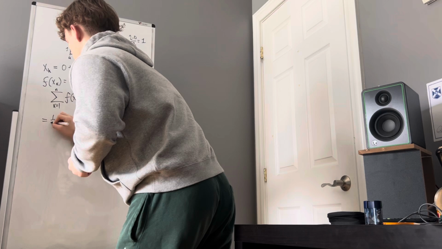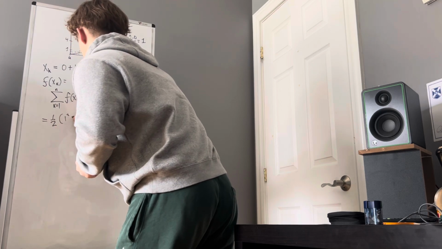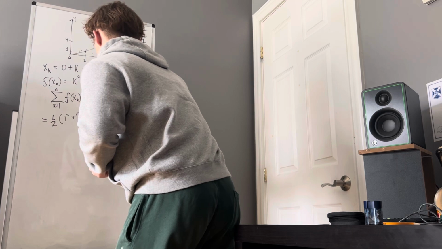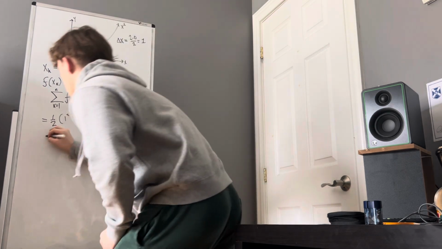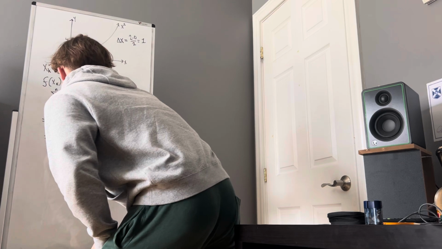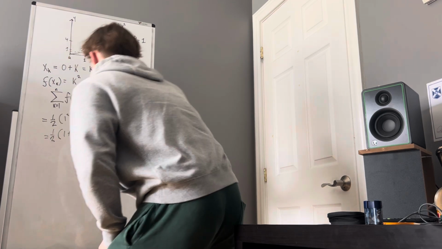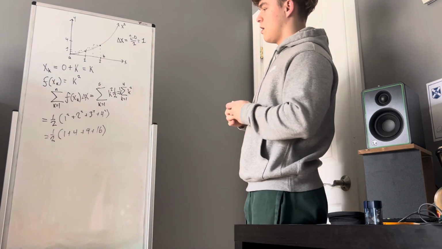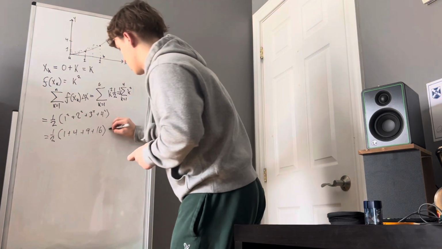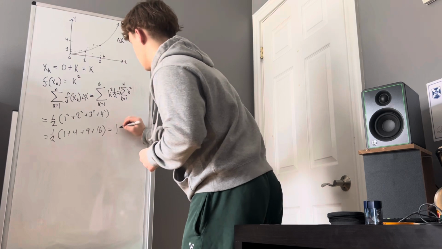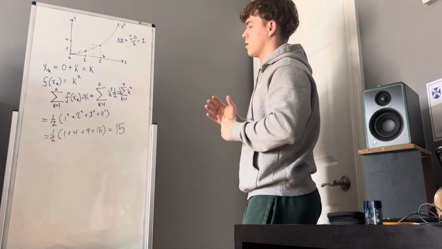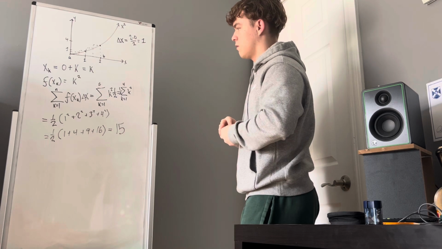That's just 1/2 times 1 squared plus 2 squared plus 3 squared plus 4 squared. And that is 1/2 times 1 plus 4 plus 9 plus 16. That is 5 plus 25, 30 divided by 2 is 15. I believe.